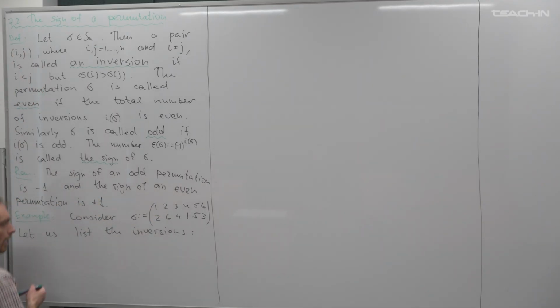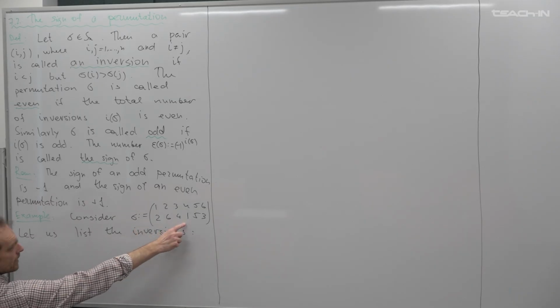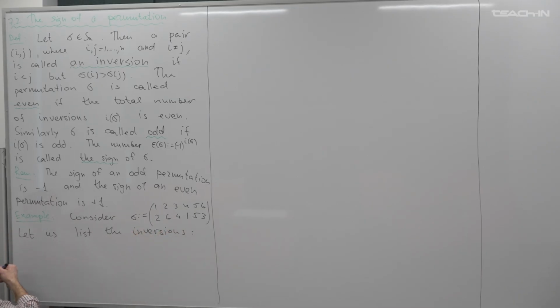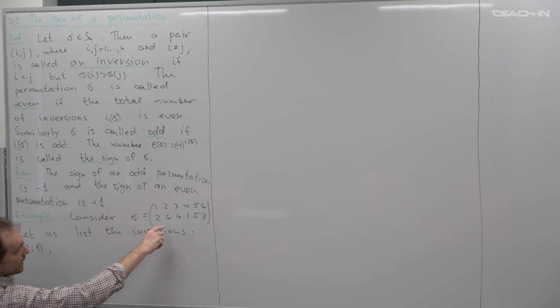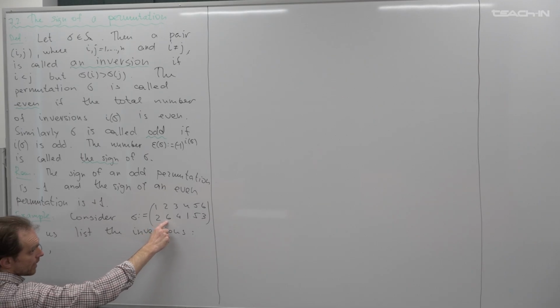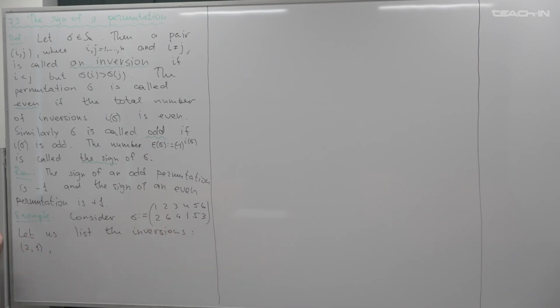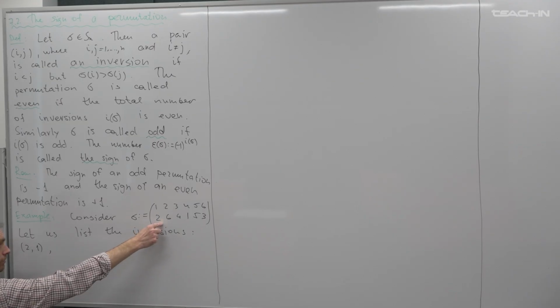So this pair is an inversion, 2 with 1. What else? All elements here are greater than 2, so there are no more inversions that include 2.